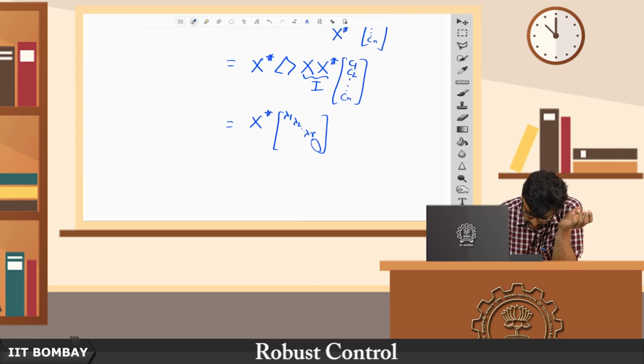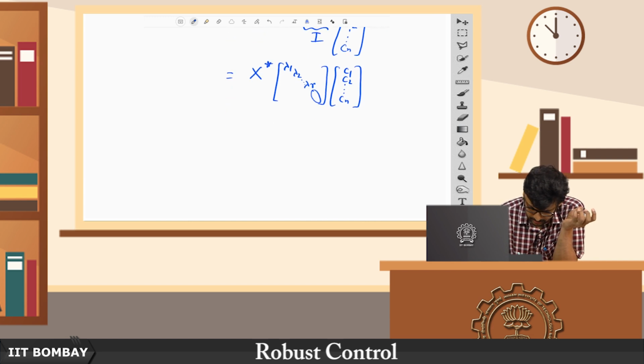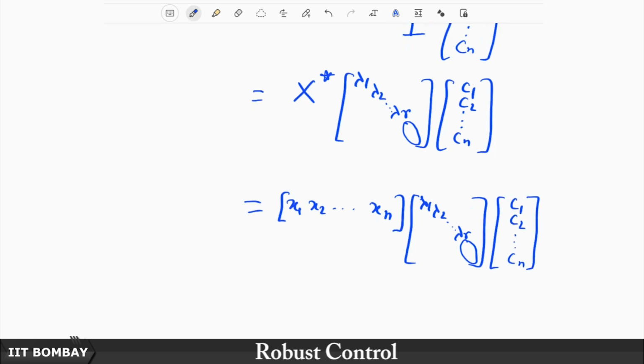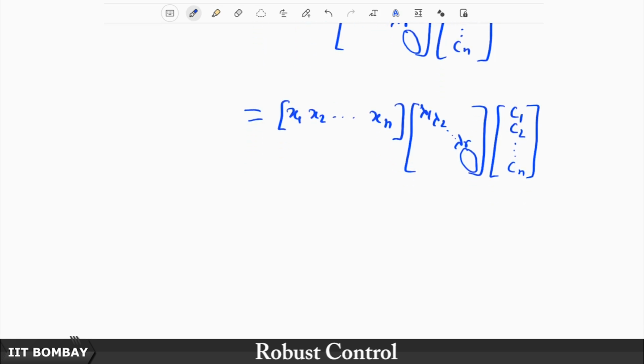So, now once we have this, then we have C1, C2 dot dot dot till Cn. Now, what happens? This implies, again I am going to break this down and write this as x1, x2 dot dot dot till xn times lambda 1, lambda 2 dot dot dot till lambda r times the 0 and then the C1, C2 dot dot dot till Cn, right. What does this entail?